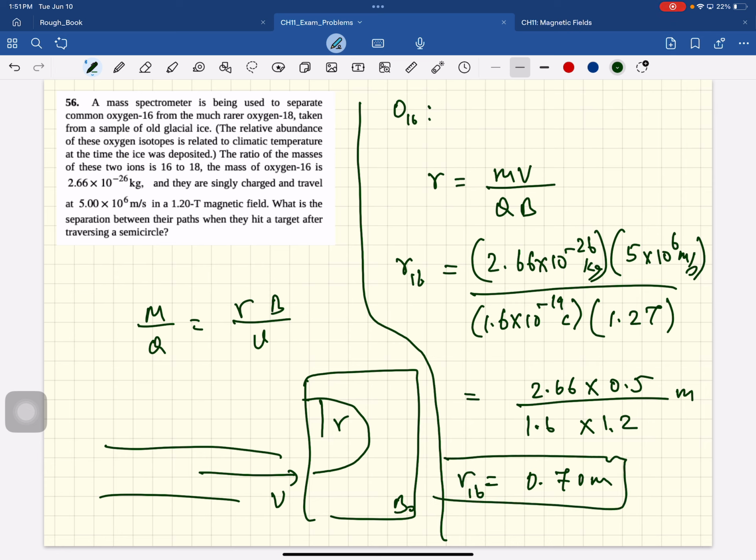And what will be the radius for oxygen 18? It will be this, with the mass 18 over 16, it's that much heavier. So just 18 over 16 times 0.7.